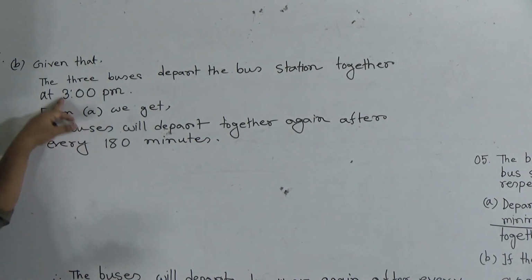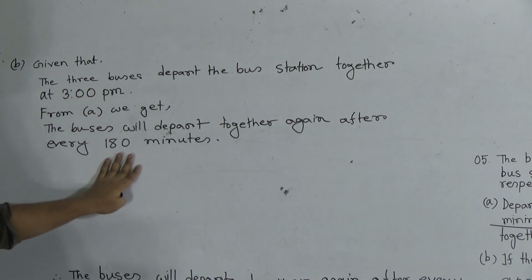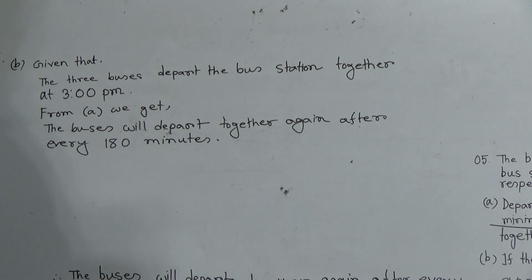Notice here the time is in hour, that means 3 p.m., but here the time is in minutes. So we need to convert this minute into hour first.